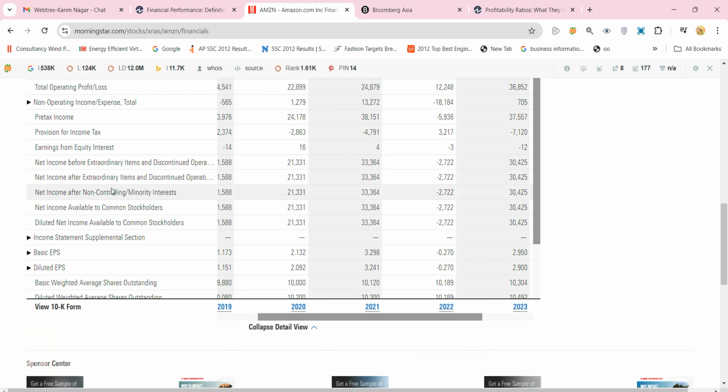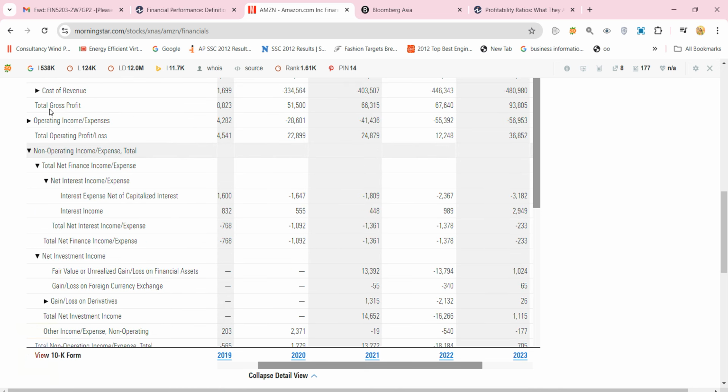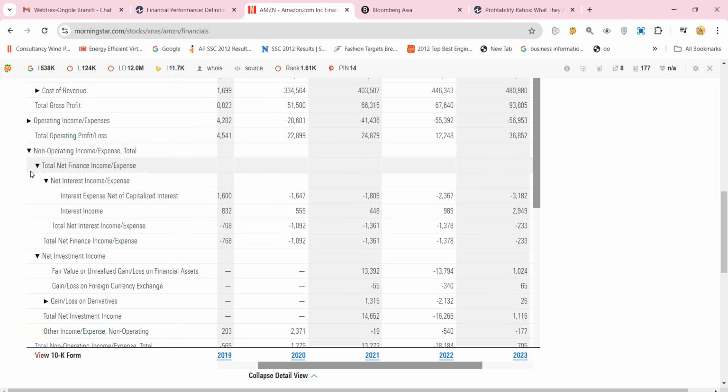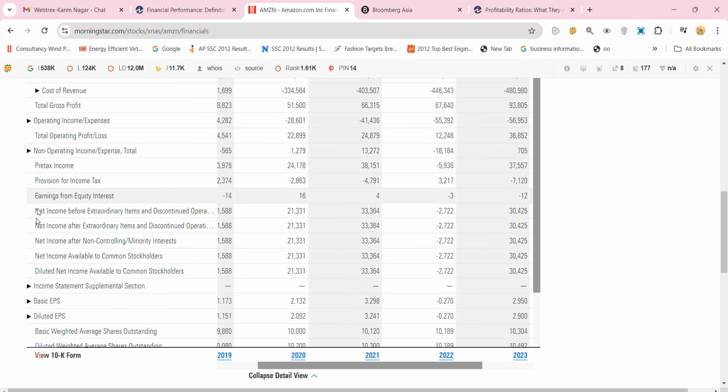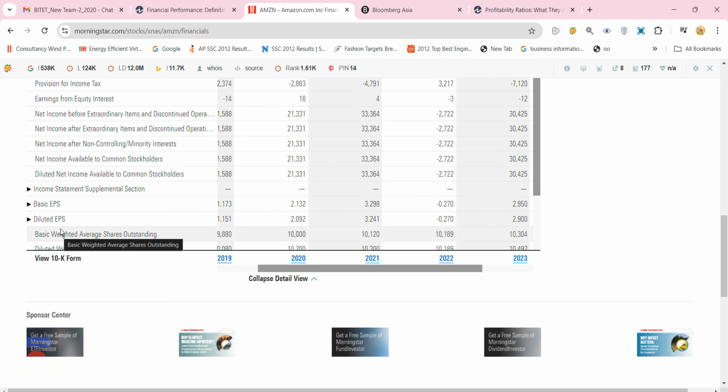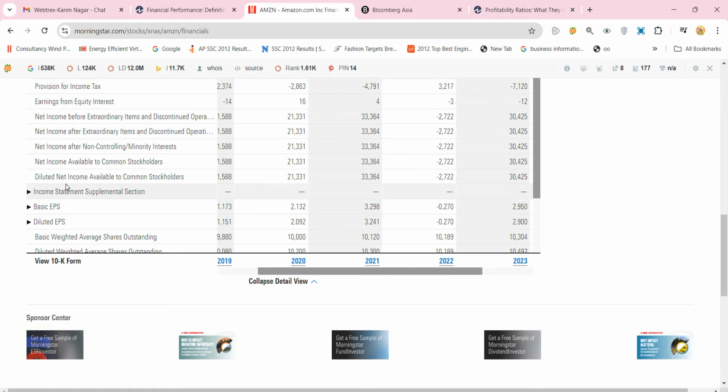Non-operating income or expense, total operating, net income.